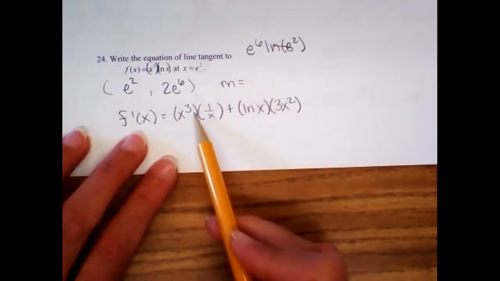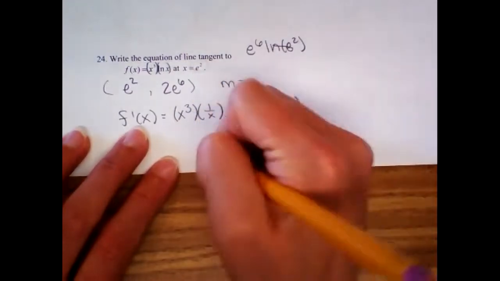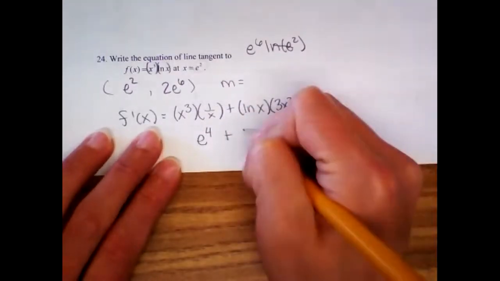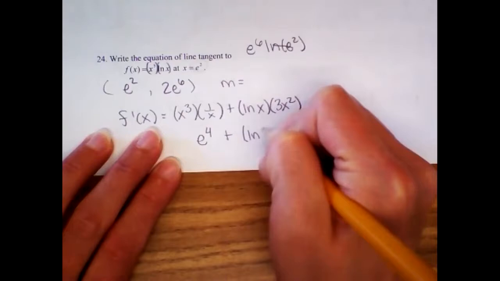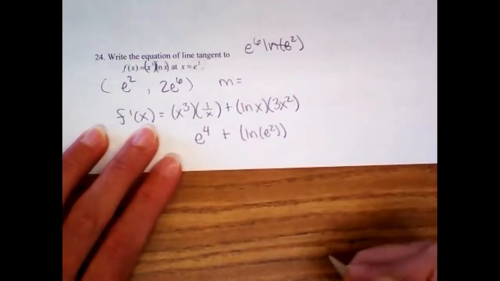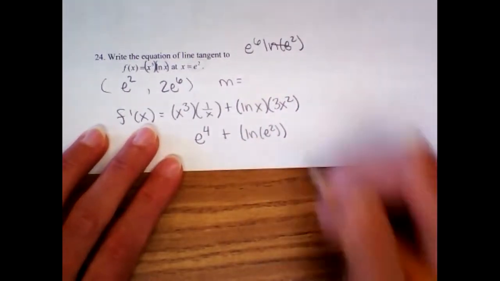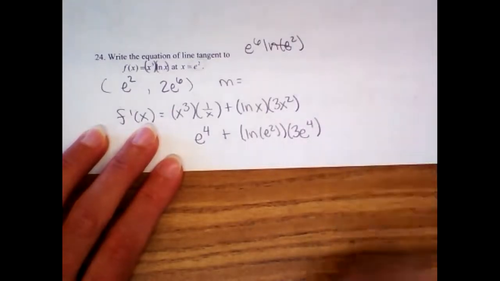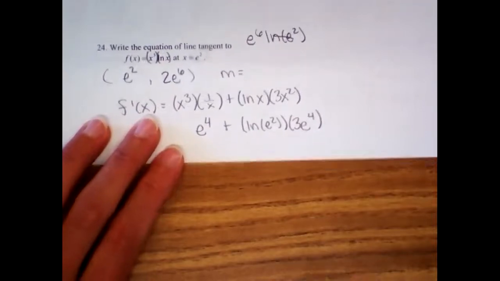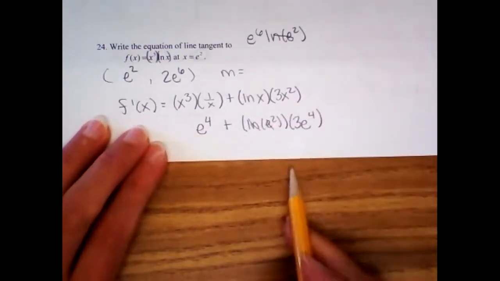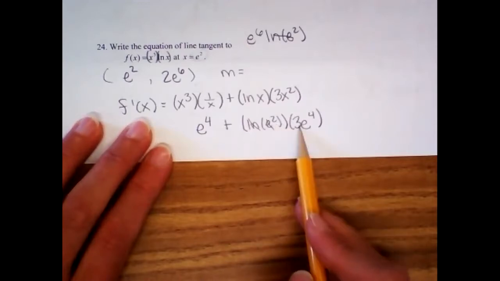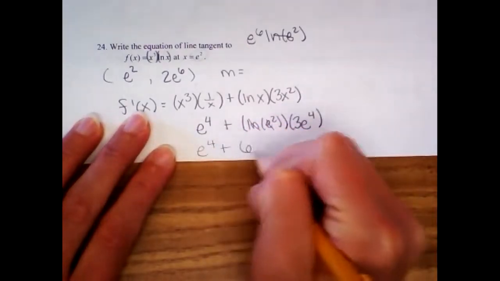So for this first part, that would be e squared squared. So e to the 4th, good. And then over here, we're going to have ln of e squared. And then 3e squared squared will be e to the 4th. So again, ln and e cancel. So this part's just 2 times 3 will be 6. So we have e to the 4th plus 6e to the 4th.